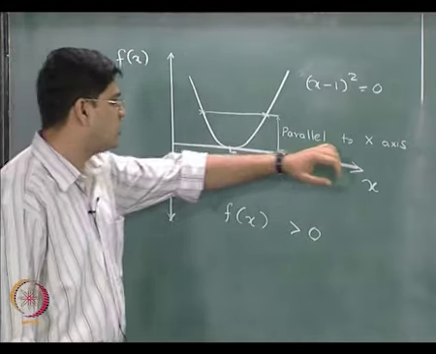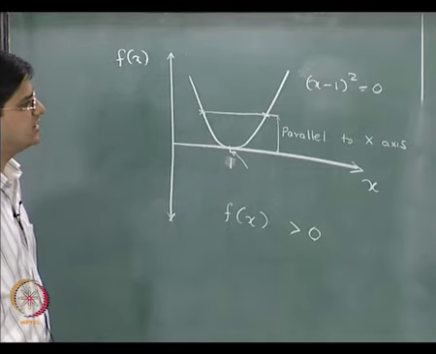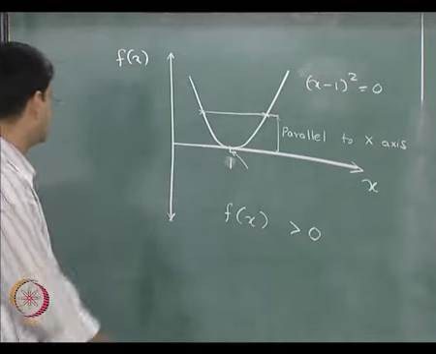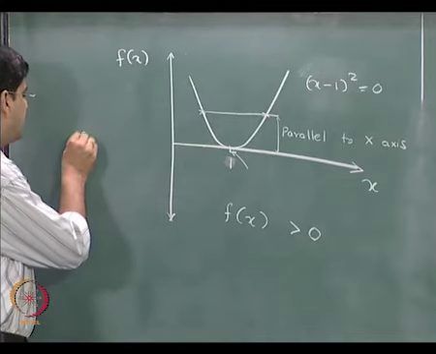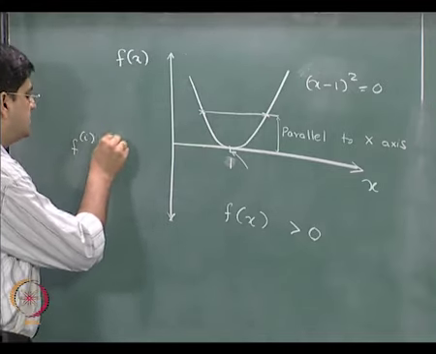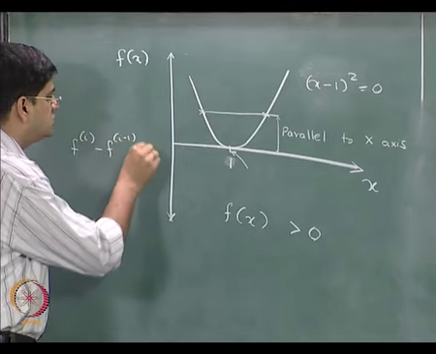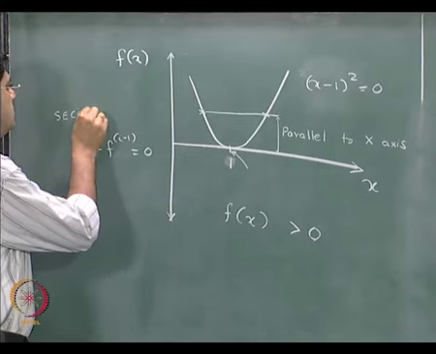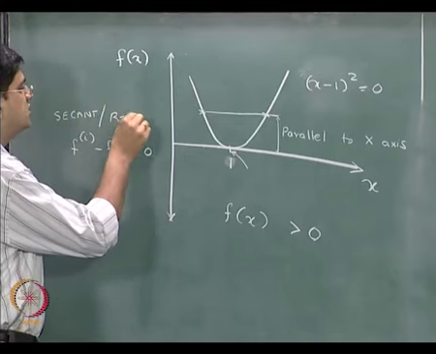In other words, what do we really mean by the line being parallel to the x axis? It's nothing but f of xi minus f of xi minus 1 equal to 0. This is when secant or the regula falsi method fails.